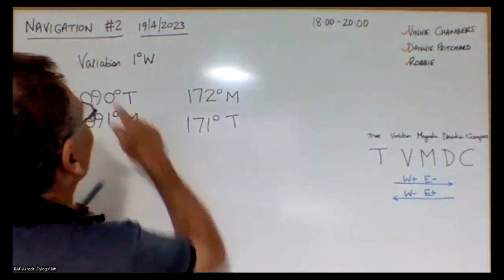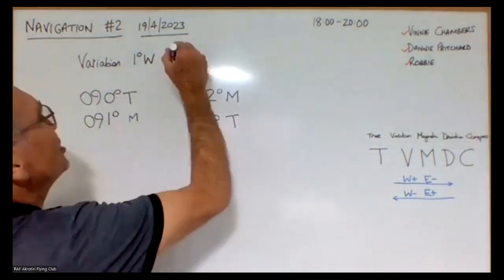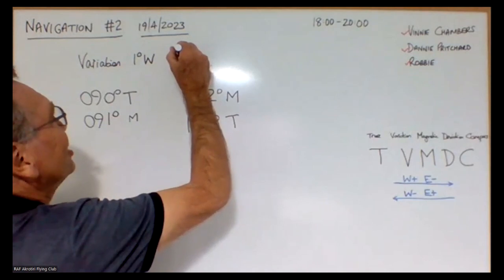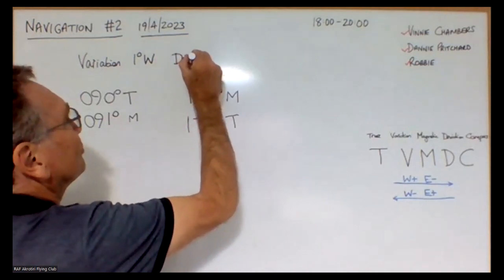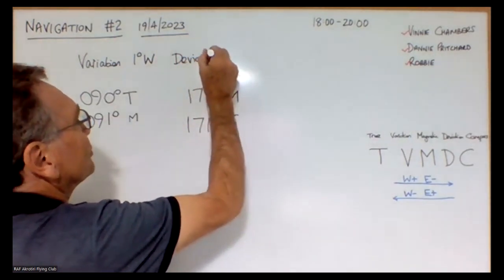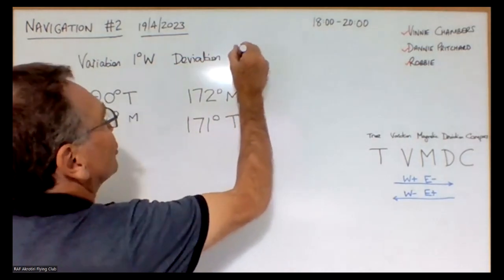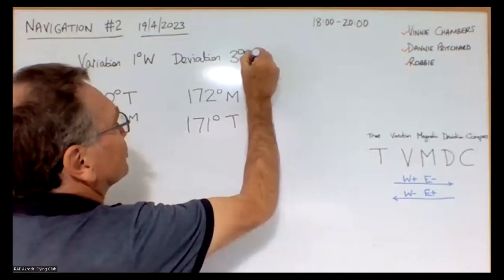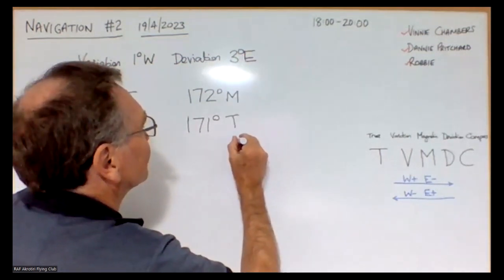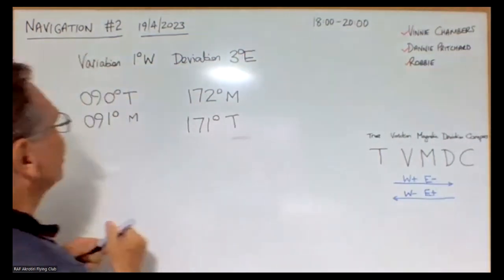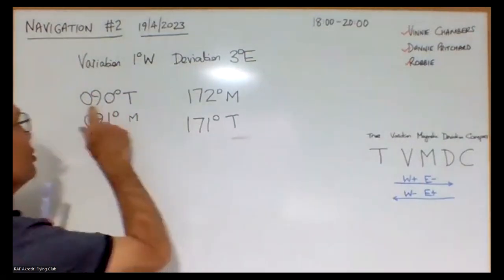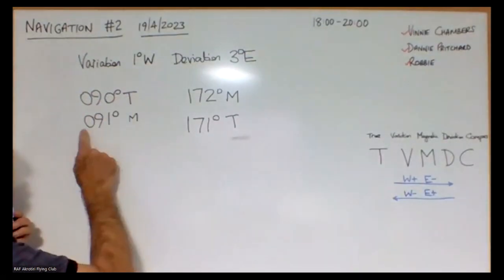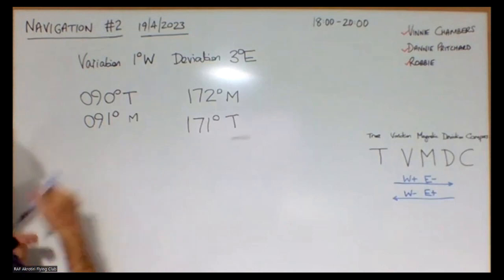So supposing though we've got the variation is 1 degree west, and supposing the deviation is 3 degrees east. Let's go back to our original example here. 090 degrees true, 091 degrees magnetic.